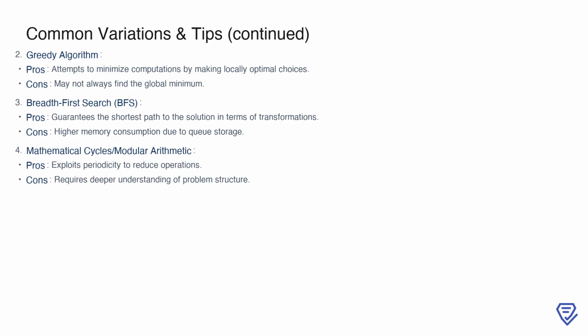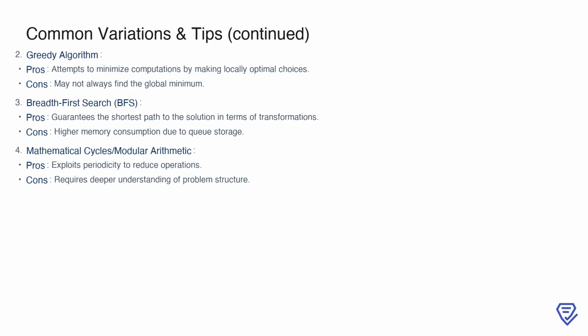However, while it's computationally efficient, it doesn't always guarantee the globally optimal solution. Another option is breadth-first search, or BFS. BFS systematically explores all possible transformations level by level and guarantees the shortest path in terms of transformations. The downside is that it requires more memory to store the queue.